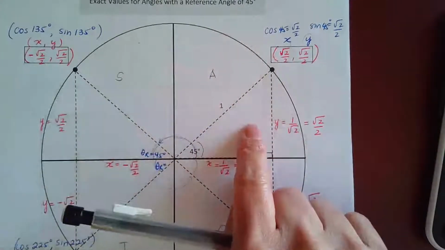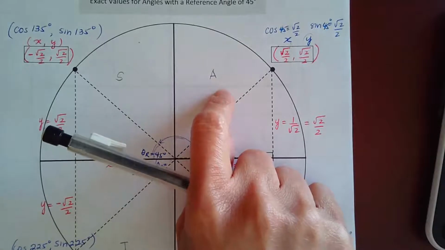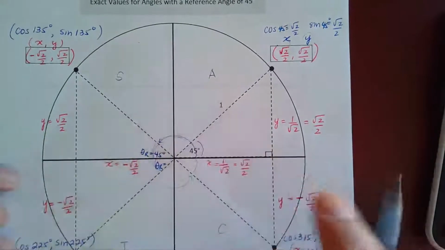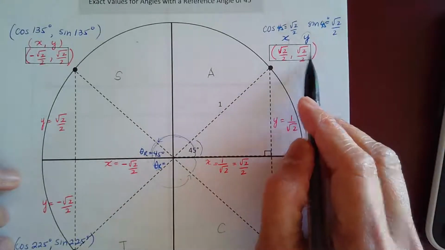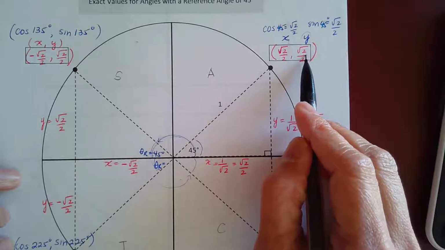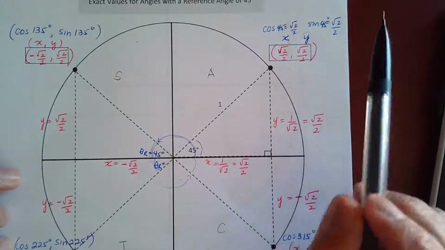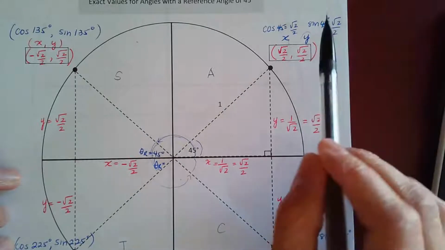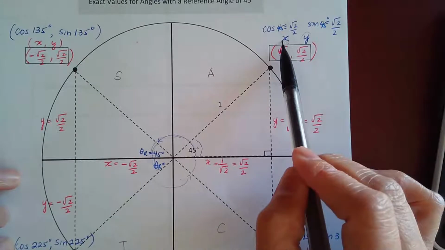In quadrant 1, all trig ratios are positive. So sine, cosine, tangent are all positive. And when we look at this one, yes, they are positive. Cos of 45 is positive. Sine of 45 is positive. And tangent is going to be positive because tangent is sine divided by cos, or y divided by x.